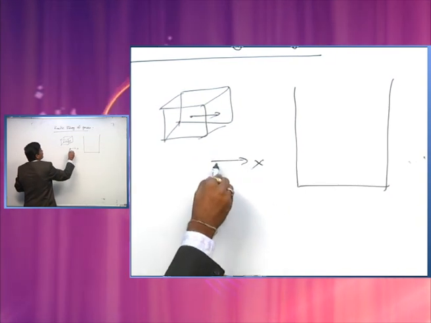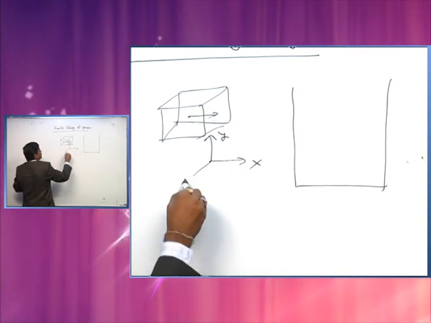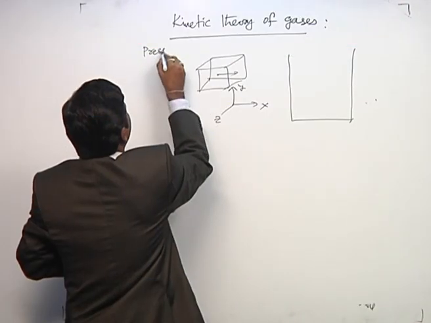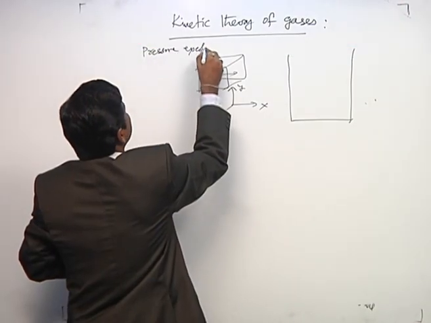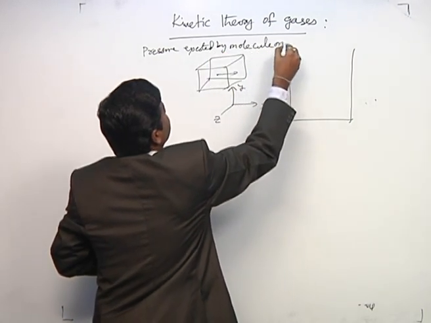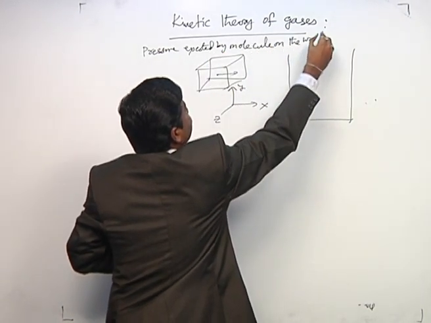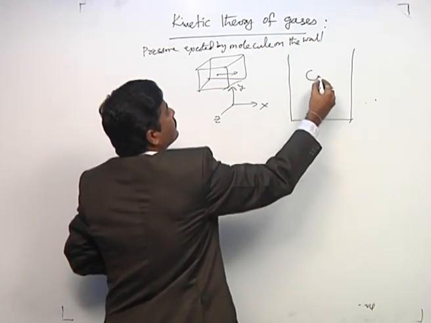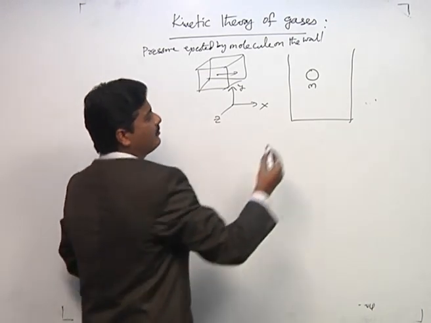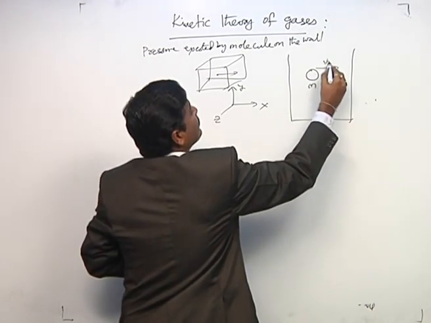This is the x-axis, this is the y-axis and this is the z-axis. Now I want to find the pressure exerted by the molecule on the wall. This is the mass of the molecule. It travels along the positive x direction with velocity Vx.